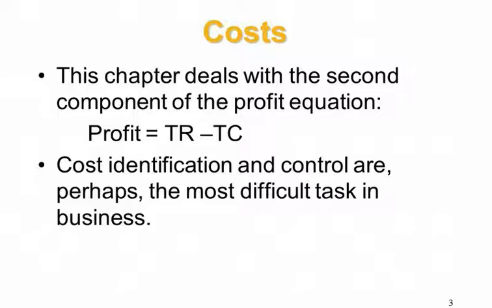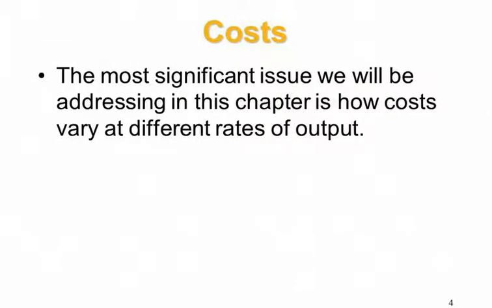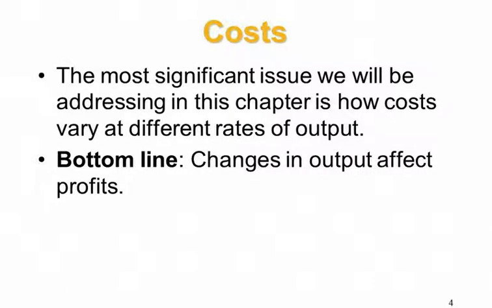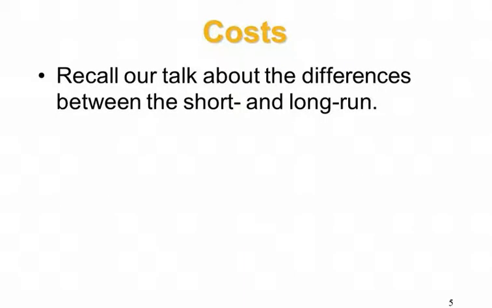So, in other words, as you start to produce more, there isn't this very predictable increase in costs. They increase at different rates given different rates of output. So the most significant issue we'll be dealing with here is how costs change when you change the rate of output. And the bottom line is changes in cost affect profits.